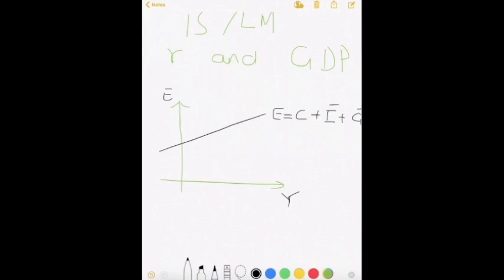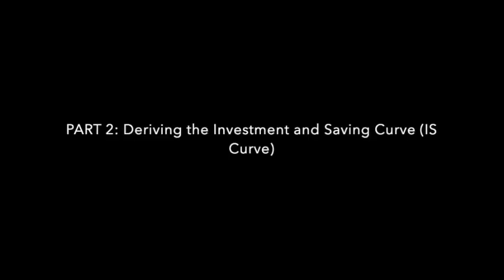Using the Keynesian cross, we came up with an equilibrium scenario. This 45 degree line was where the planned expenditure was equal to the actual expenditure, and that's how we came up with the equilibrium GDP, Y star. This is where Y star was equal to E star, and therefore equilibrium was happening in the economy.